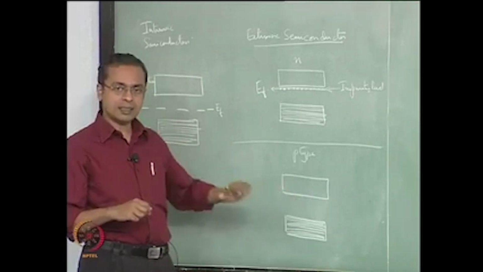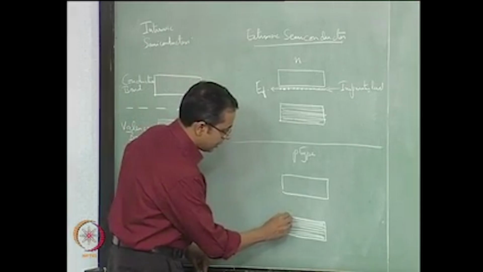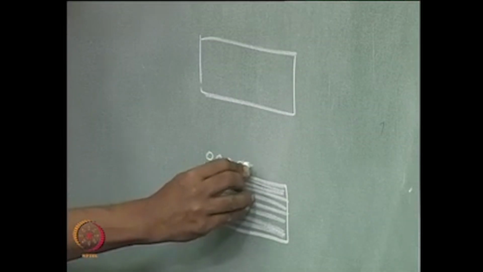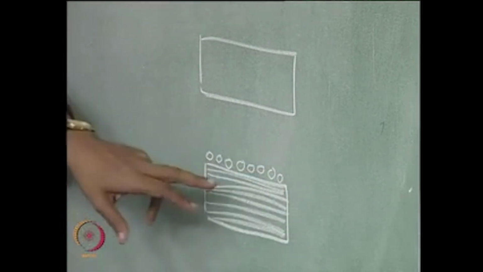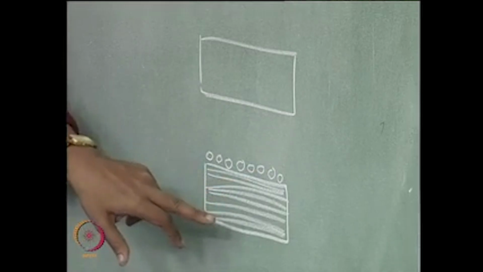In terms of a band structure, it means that in terms of energy levels, it has an acceptor level, which I will indicate as circles here. It has an acceptor level very close to the top of the valence band of the parent material, okay.